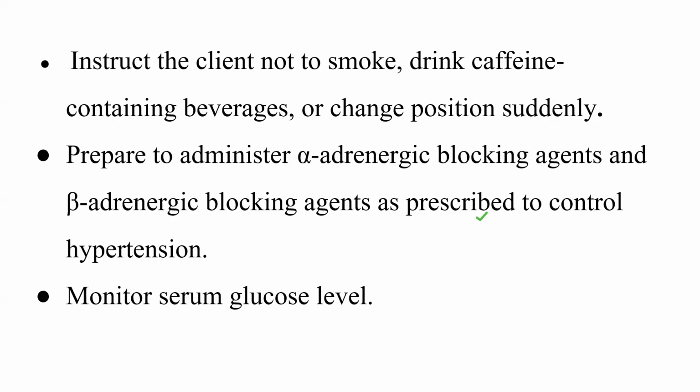Why? Because it has been found that caffeine tends to increase the blood pressure. Because patient is always having high BP, you don't want to add to their blood pressure. You also want to prepare to administer alpha adrenergic blocking agents and beta adrenergic blocking agents as prescribed to control hypertension. We'll be talking about these agents under their medication, because we'll be taking their medications tomorrow.